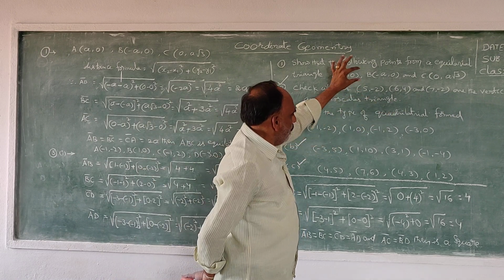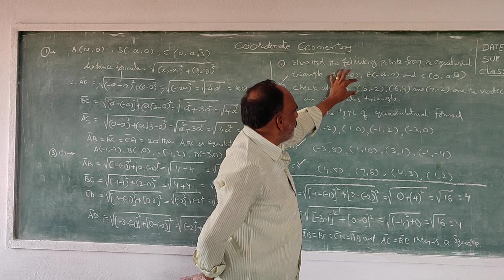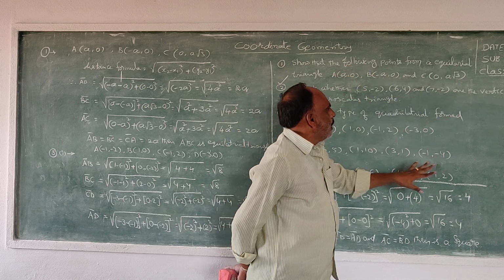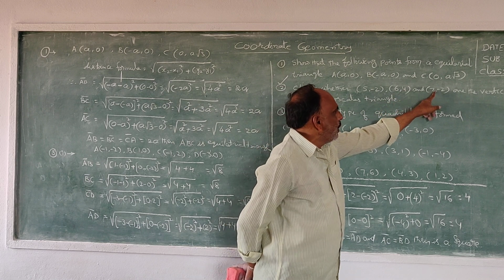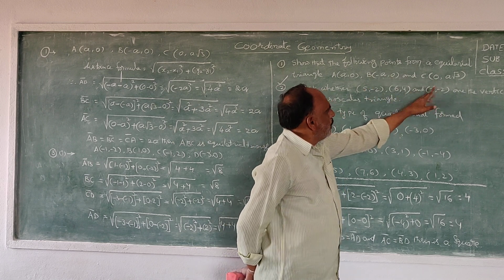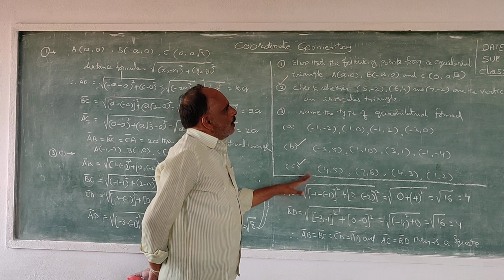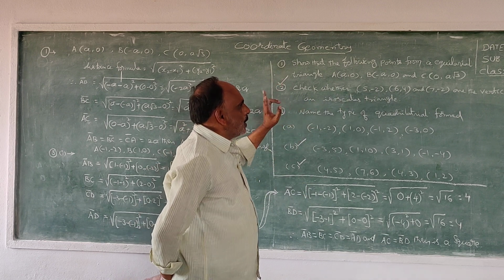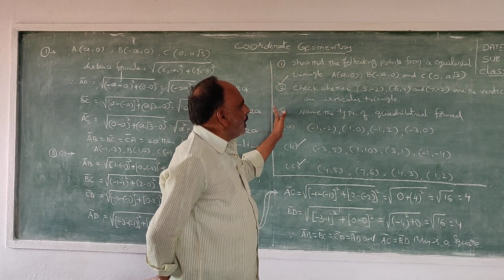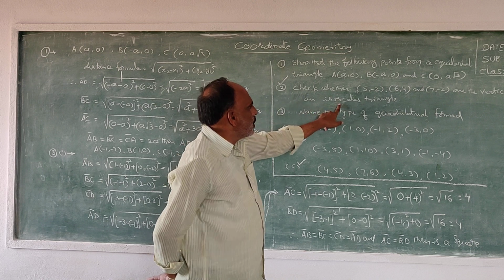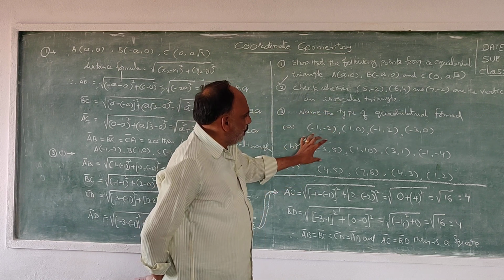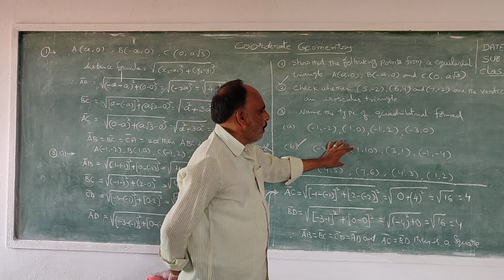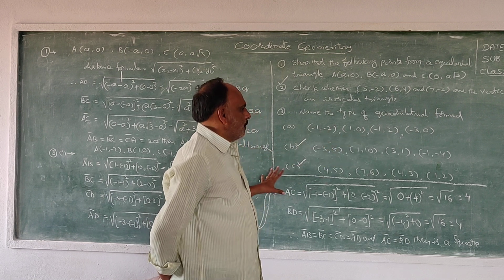So let the points be A, B, C. Find the length of AB, length of BC and length of AC, the three lengths. If any two lengths are equal and another length is not equal, it is called an isosceles triangle. And next, BC: find four sides and two diagonals each.